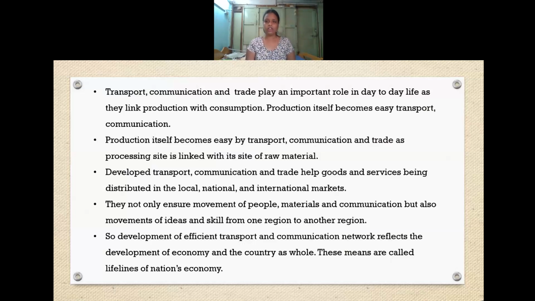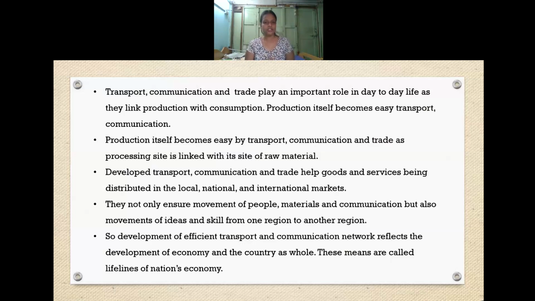So if you give the goods and services a life to transport from one place to another place, it means with the help of transportation. The movement of these goods and services from their supply locations to the demand locations necessitates transportation.